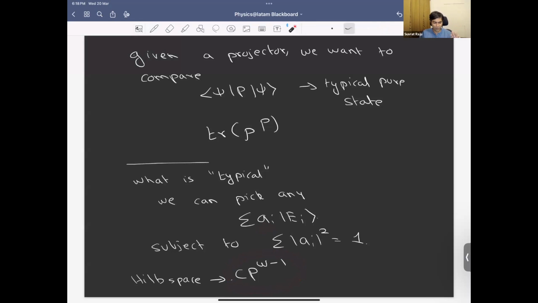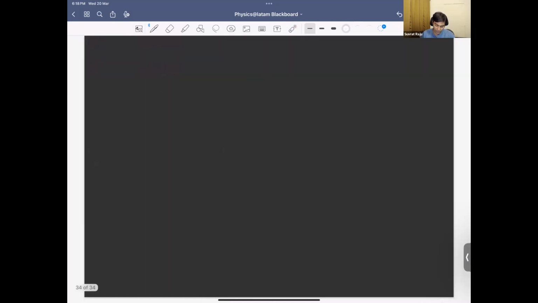However, at the cost of a little bit of precision, you can in fact think of this Hilbert space as a sphere. So one way to visualize this Hilbert space is just to think of a sphere. Let me see if I can draw it. Okay, so this is a Hilbert space.